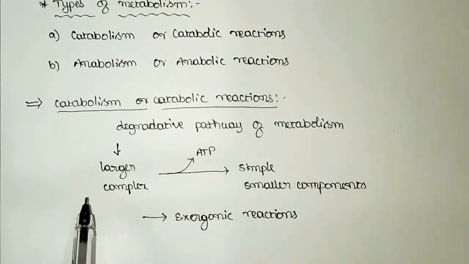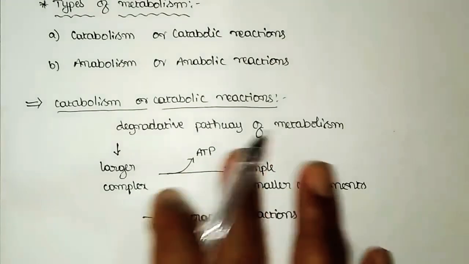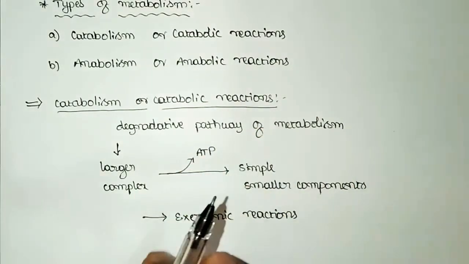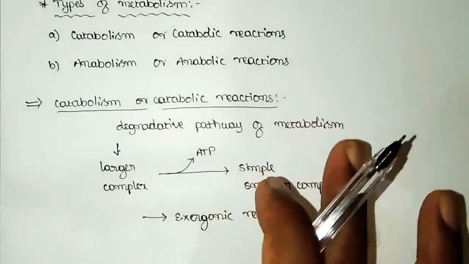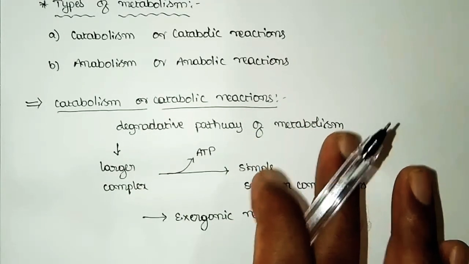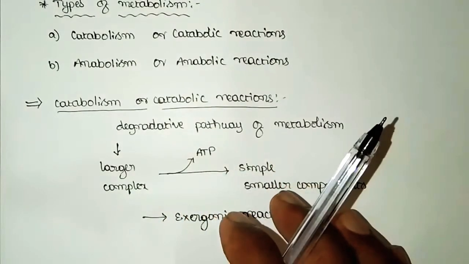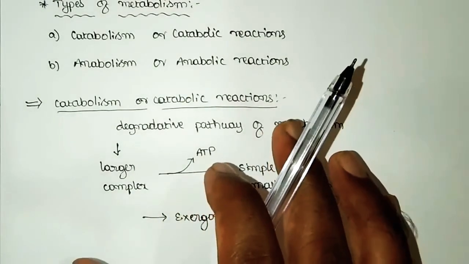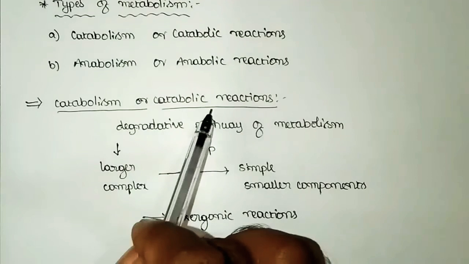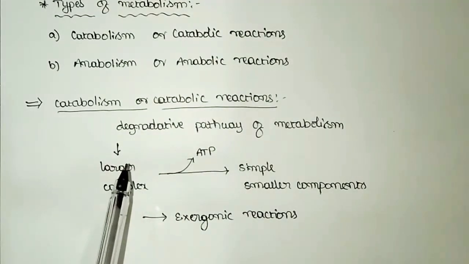In a catabolic reaction, as I said, energy will be released, but whatever amount of energy is released in a step, the whole amount will not be utilized for the synthesis of ATP. Only a part of it will be utilized, and by utilizing a part of the energy released in a catabolic reaction, ATP will be synthesized.